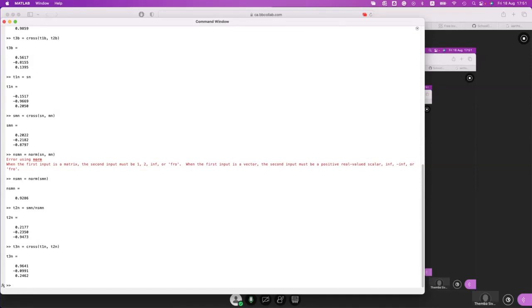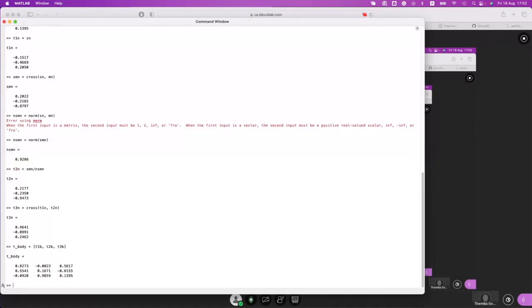So let's see all our T's for body. T body would be your T1b, T2b, and your T3b. The matrix.